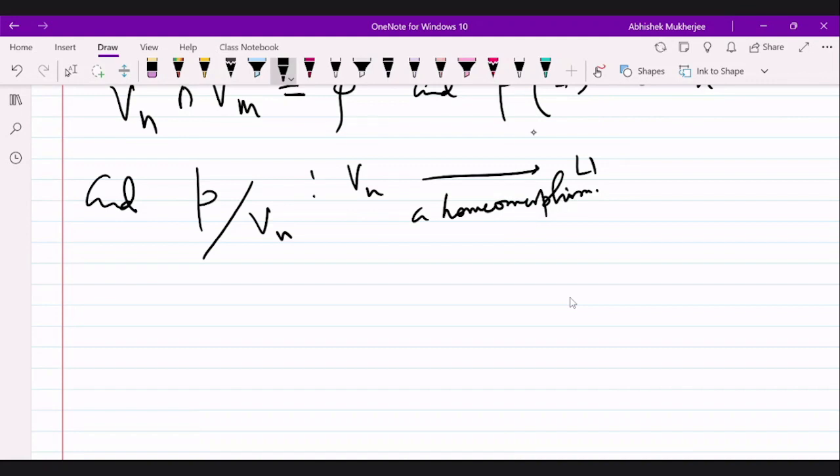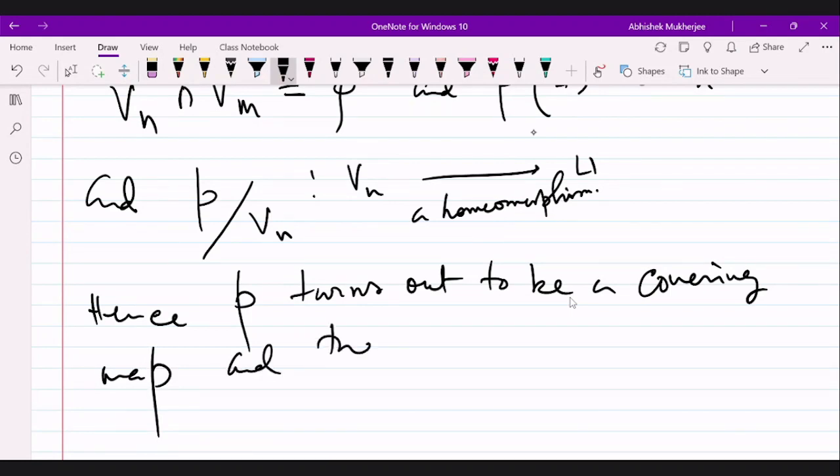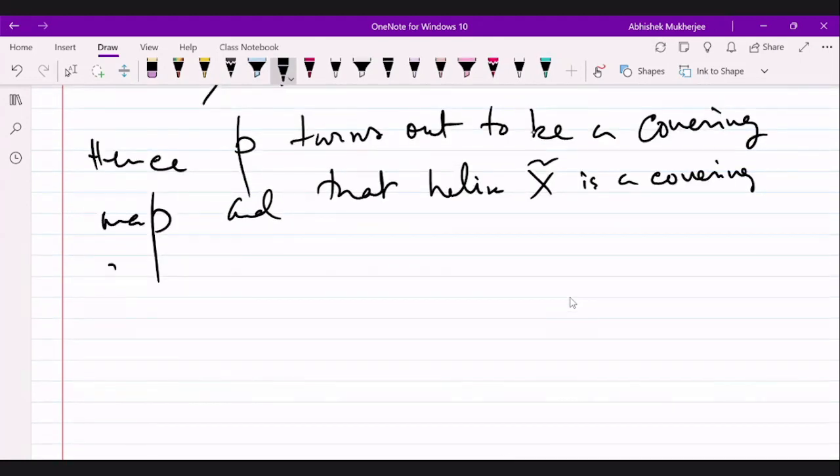Great. So hence this p turns out to be a covering map, and that helix X tilde is a covering space of S1. Okay. Great.